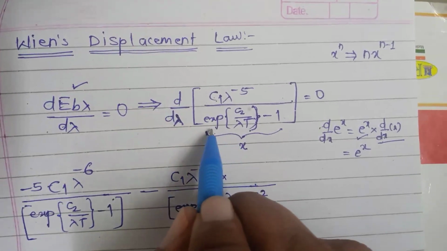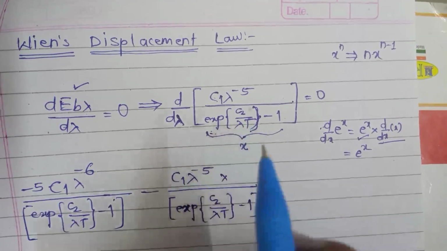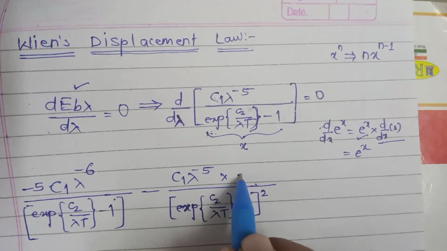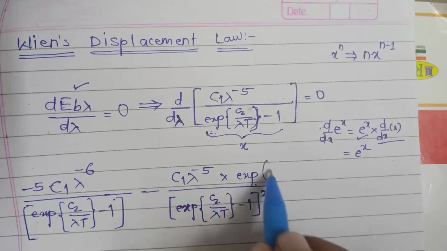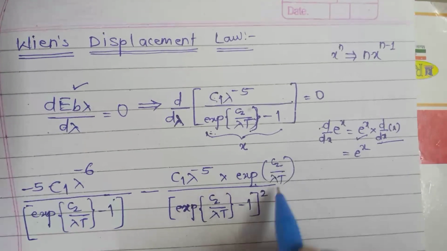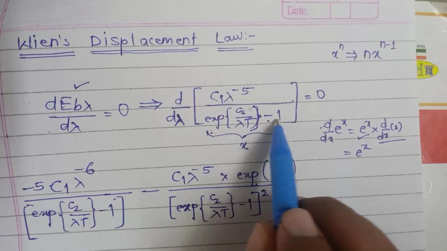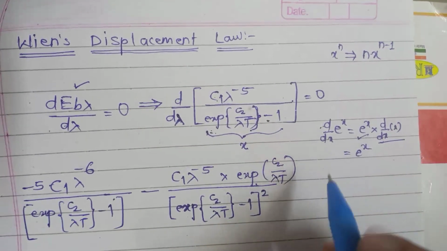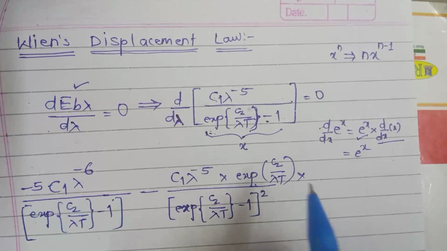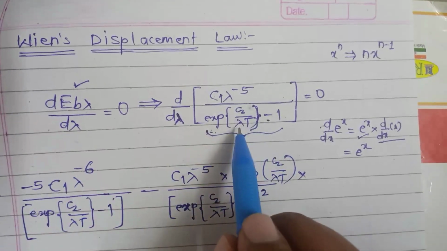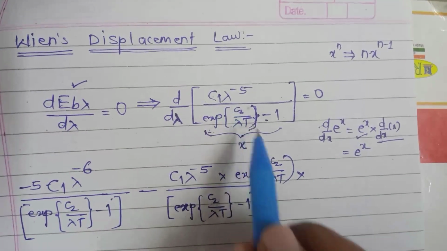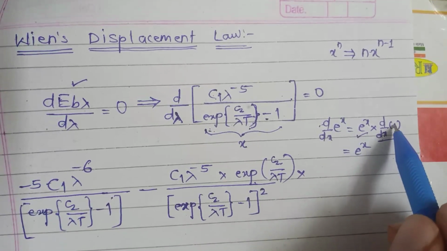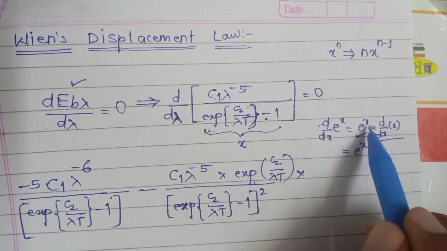So firstly, differentiation of this exponential of C2 by lambda T will be simply exponential of the term C2 by lambda T. Differentiation of this minus 1 will be 0, so no need to write it there. And then multiplied by, we will also need to write the differentiation of this C2 by lambda T. Like I said, there will also be one more differentiation for only x.